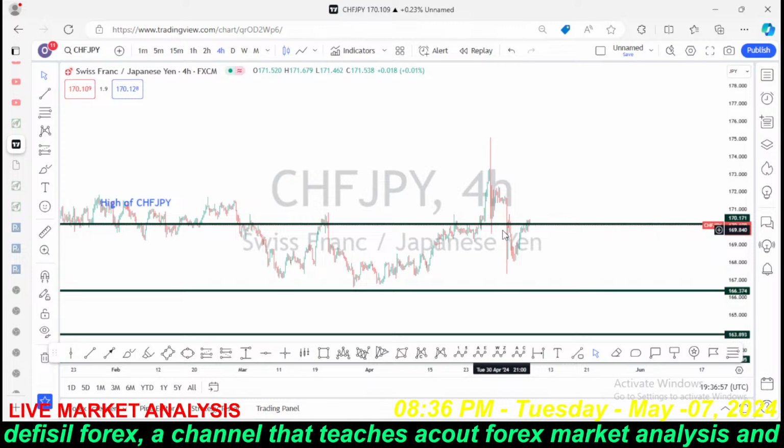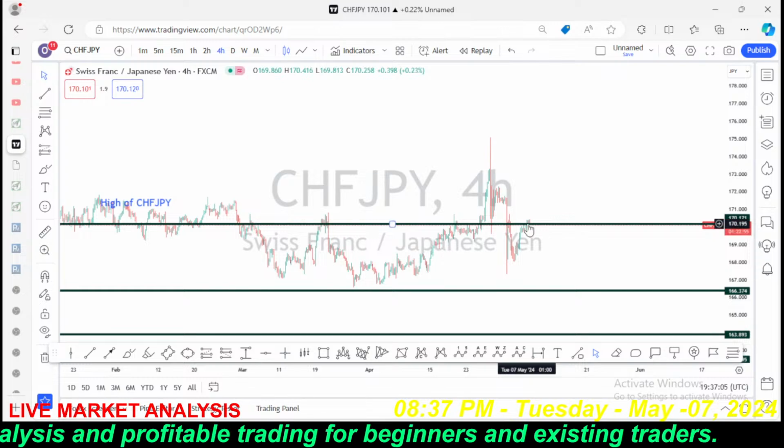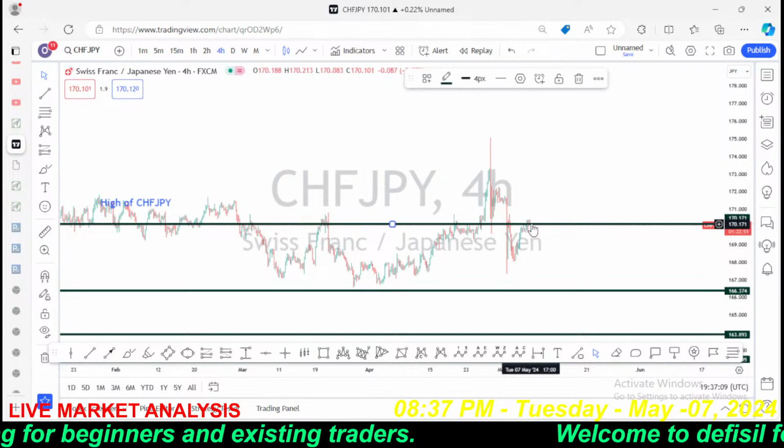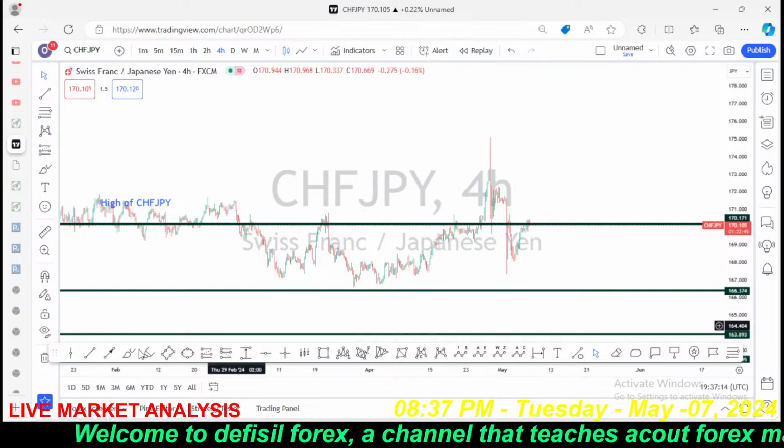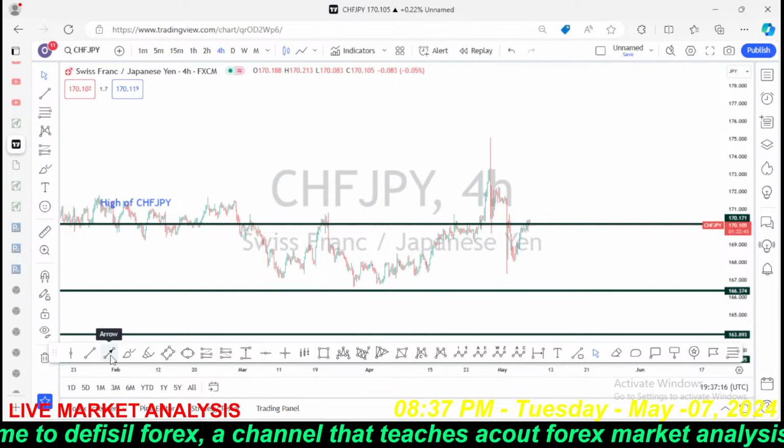for it to continue trading upward. However, this area can also act as a resistance by forcing the market to continue to trade downward. That is, we'll have something like this.